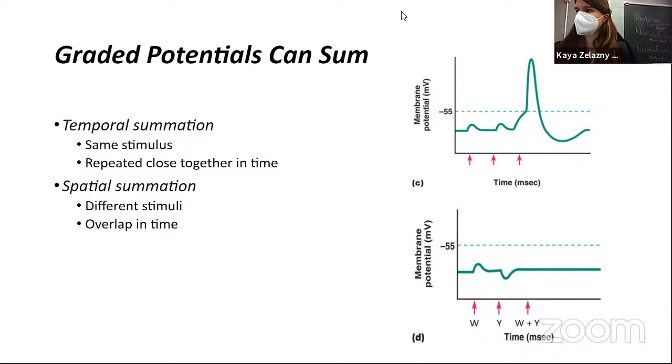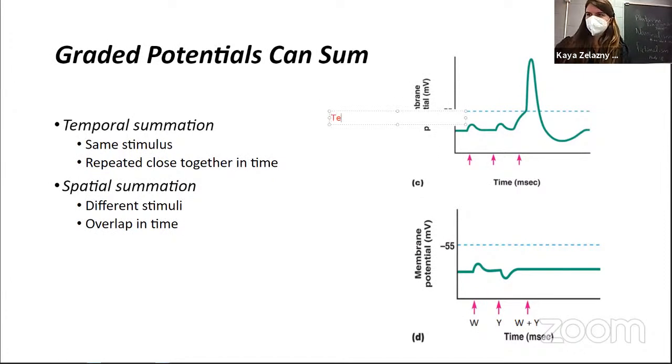So what we see happening in the top image here would be an example of temporal summation. Actually, both of these graphs are going to be examples of temporal summation. I'll just write that at the top. So what we see happening here is we have a little graded potential here.